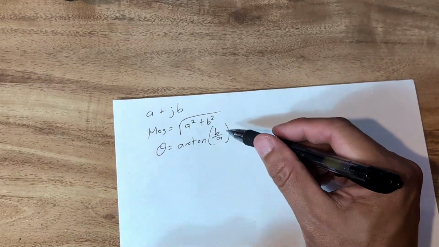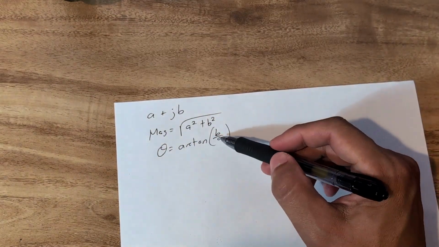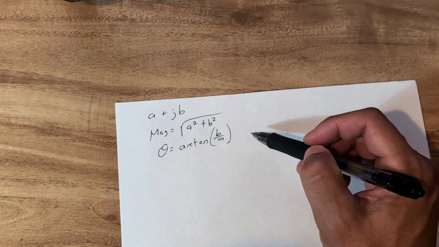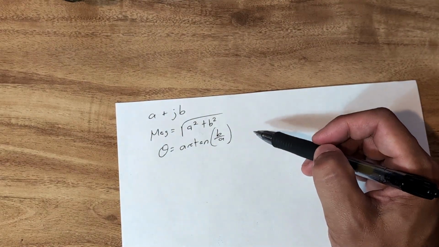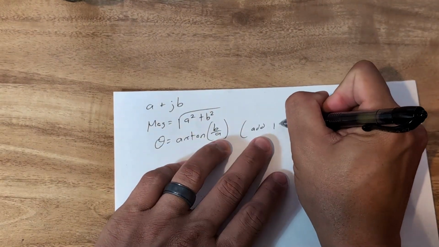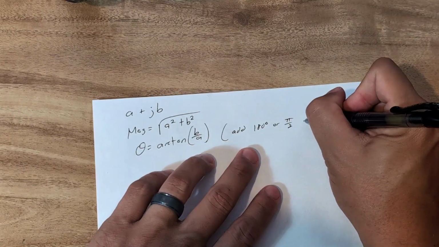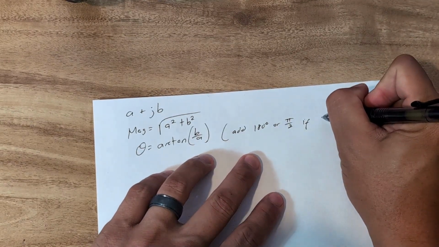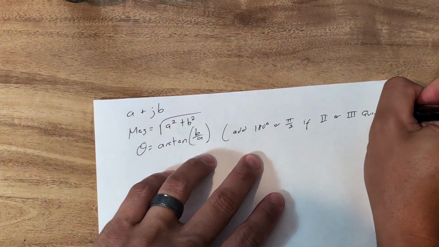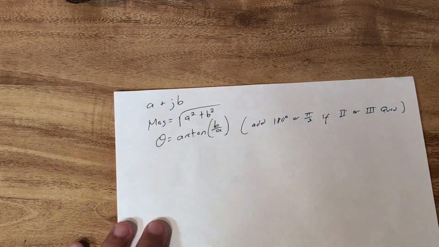Assuming that, for arctangent, the output is going to be in the first or fourth quadrant. If your answer is supposed to be in the second or third quadrant, you're going to want to add 180 degrees, or pi radians. So just be careful about that part.